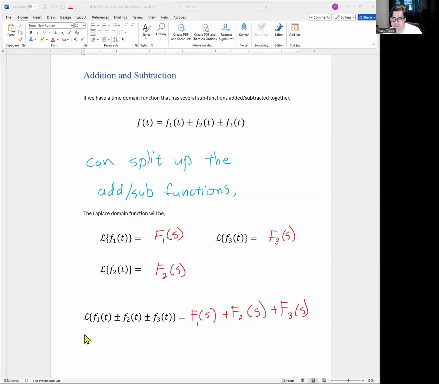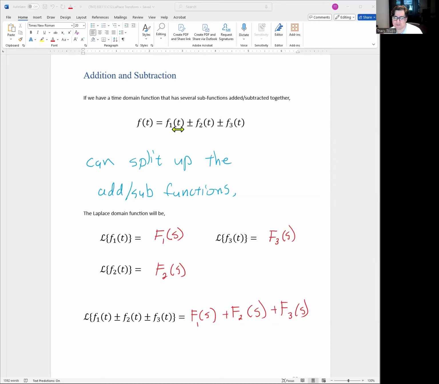Then you can always separate addition out for Laplace transforms, so the Laplace transform of everything is just F1 of s plus F2 of s plus F3 of s. It's basically the commutative property, if you remember that. You can always just split up additions and subtractions.